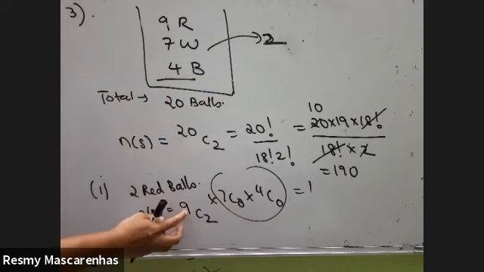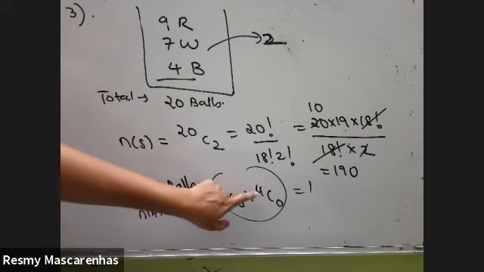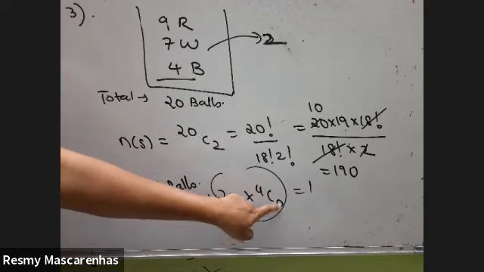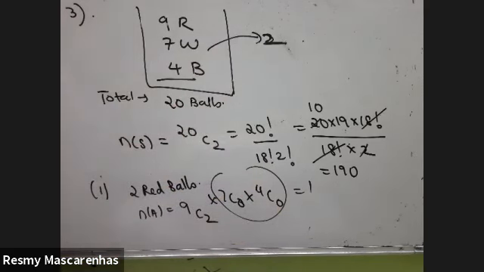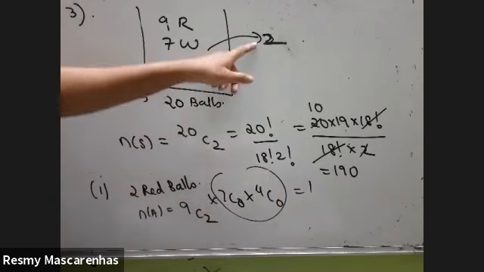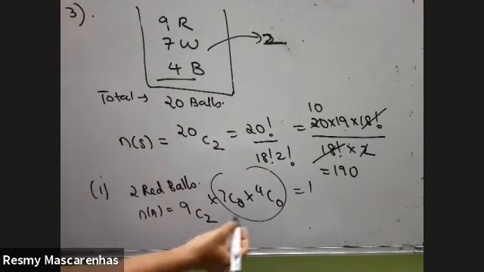Now, 9, 7 and 4 will give you 20, and 2 plus 0 plus 0 will give you 2. Even if you don't know how to do this, the moment you get 2 complete here, stop and then calculate.